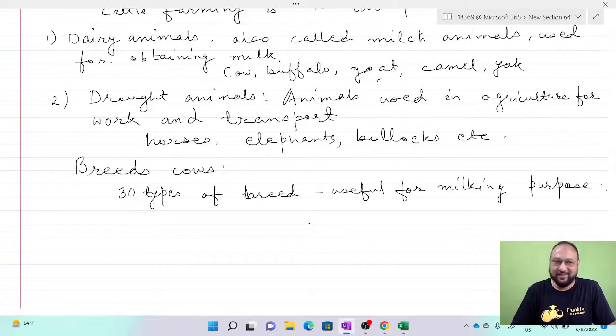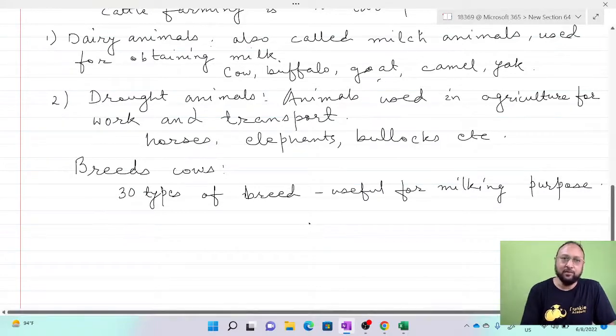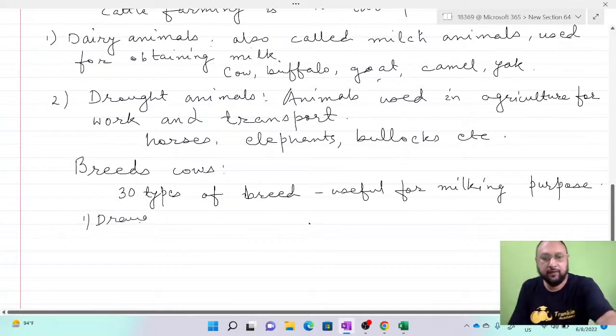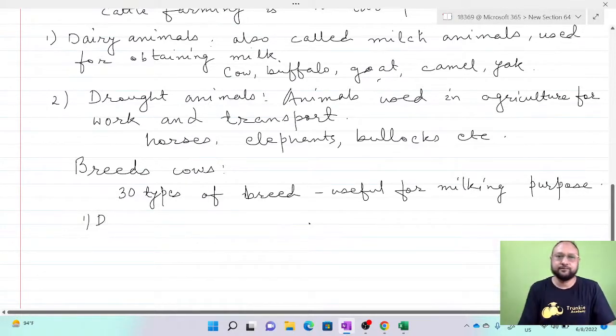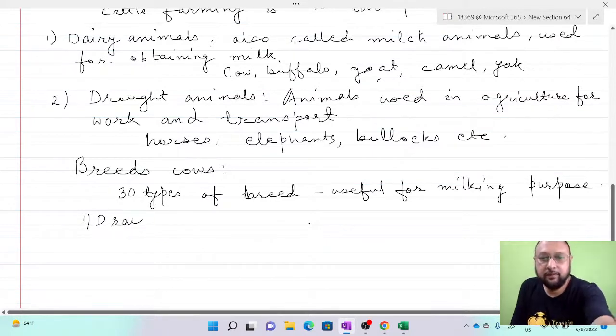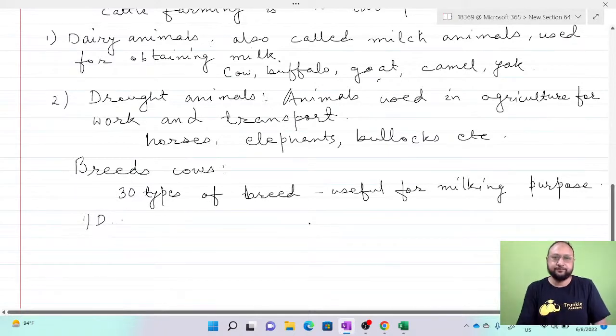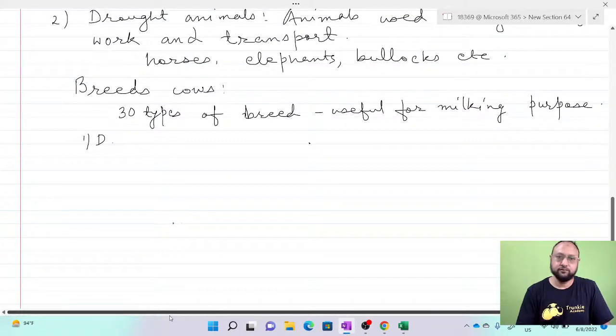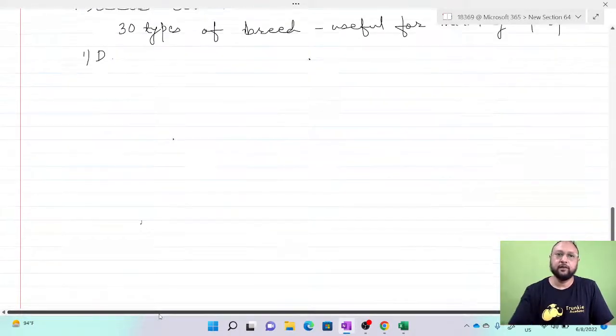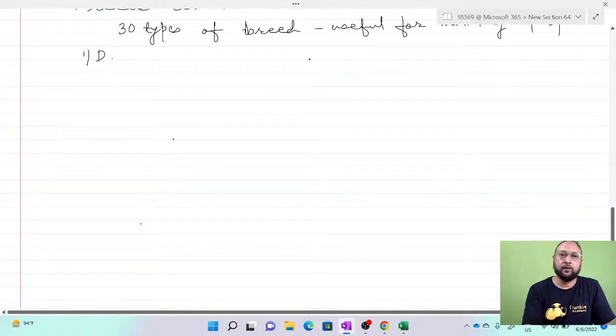Draught breeds and dairy breeds. Number 1 is the draught breeds.